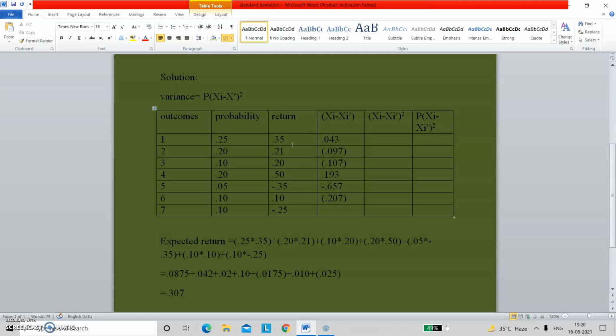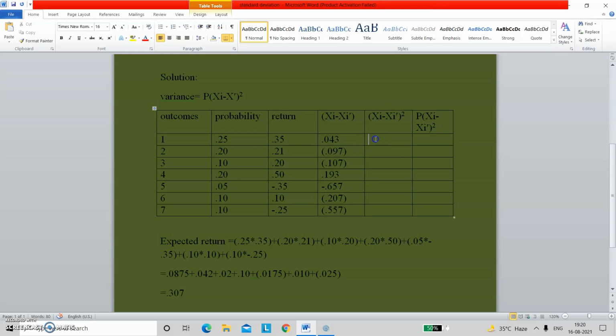And last is minus 0.25 minus 0.307, which is minus 0.557, right? So this is my individual return minus expected return.